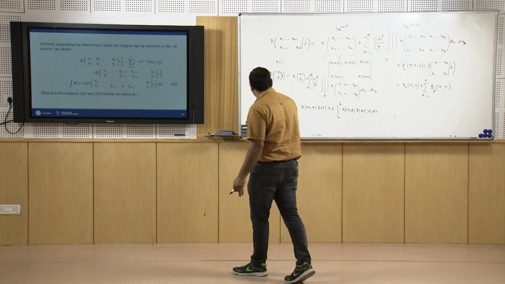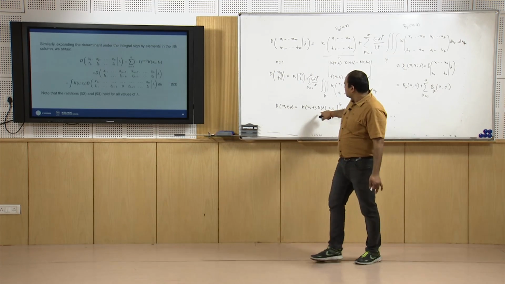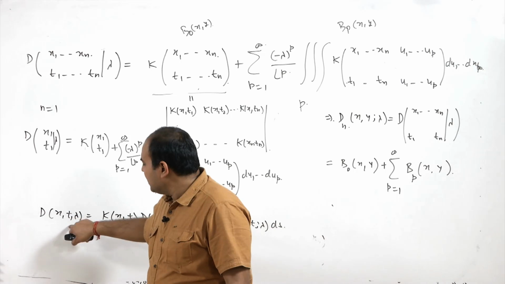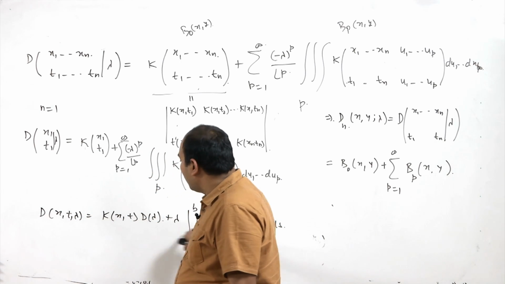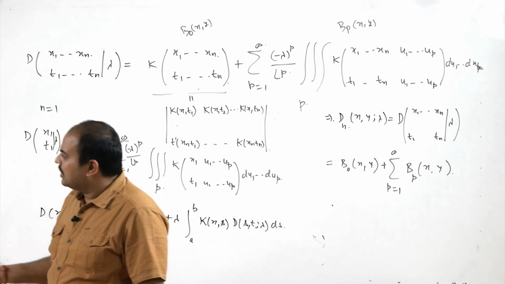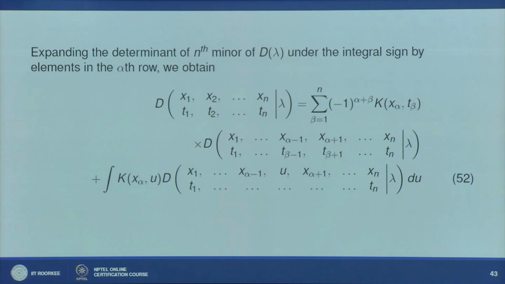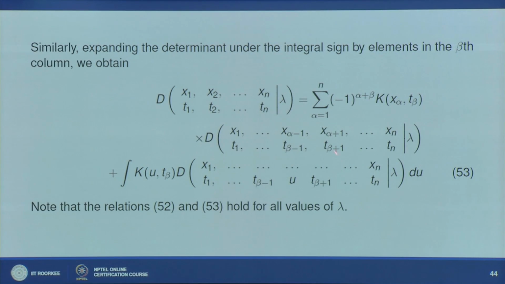As we know, the expression for D x t lambda is valid for all values of lambda. In the same way, 52 and 53, these two expressions, also hold for all values of lambda.